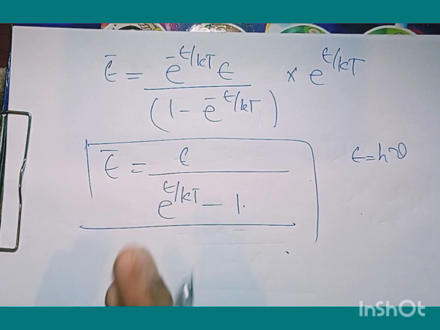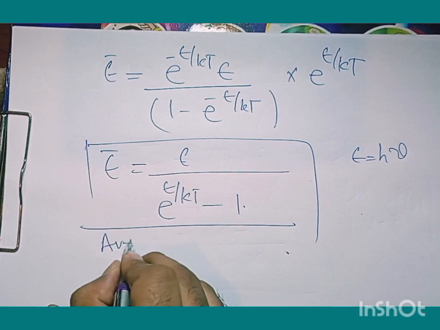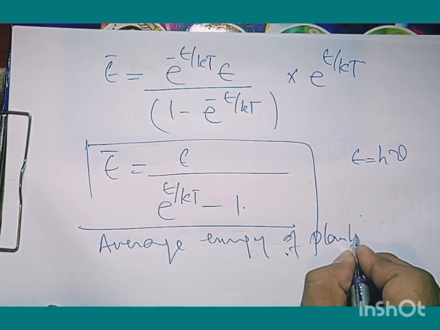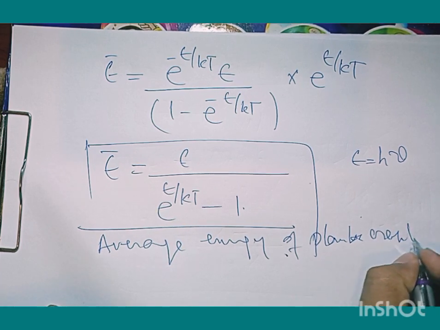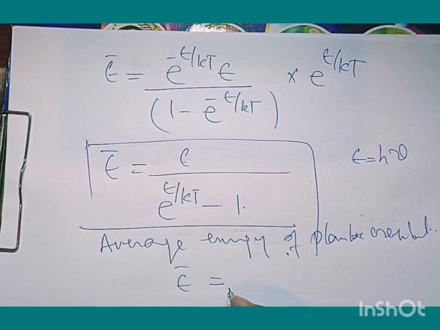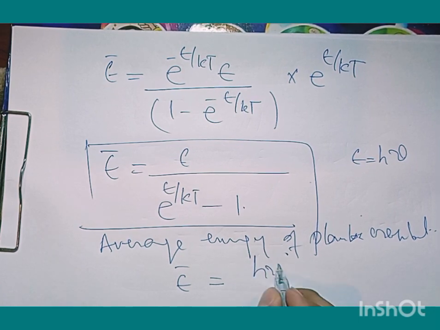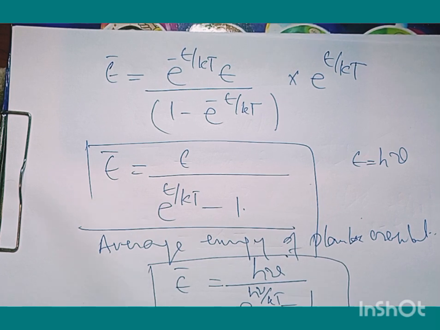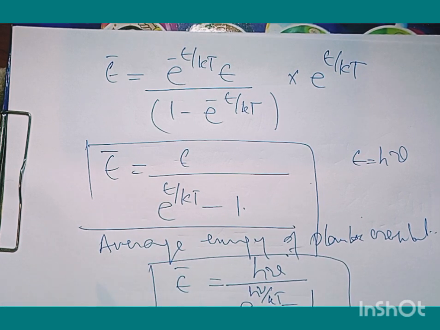So the average energy of Planck's oscillator, epsilon bar, is going to be h nu by e to the power of h nu by kt minus 1. This is the average energy of the Planck's oscillator.